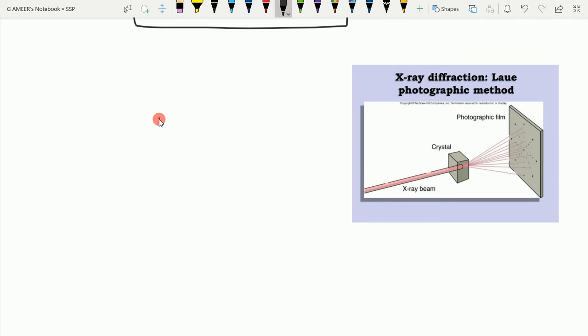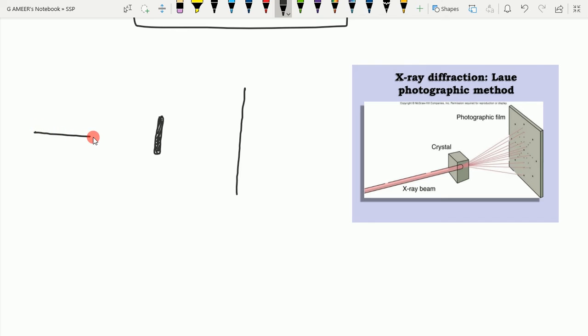So this is the crystal. This is the photographic plate. So there is an X-ray which is coming and falling here.